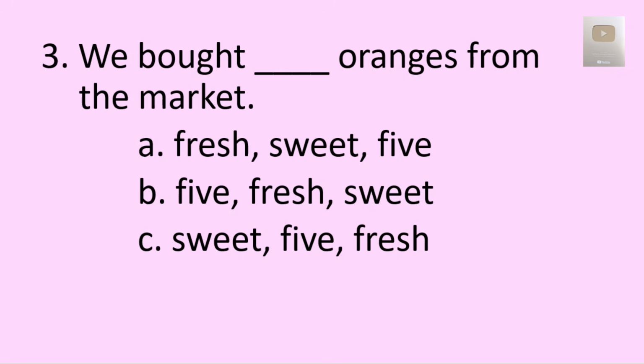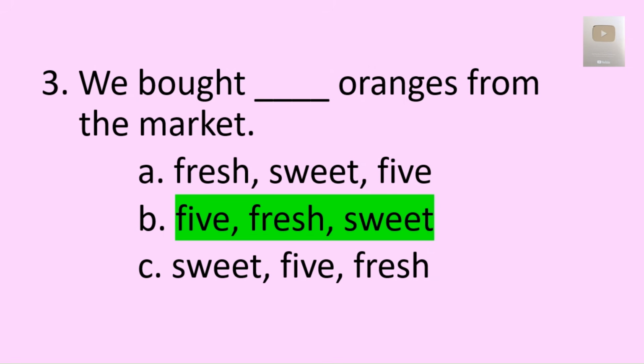That is A. B is 5 fresh, sweet. Then you have C, sweet, 5 fresh. Now choose the right order and then complete the sentence. The sentence reads like this: we bought 5 fresh, sweet oranges from the market.